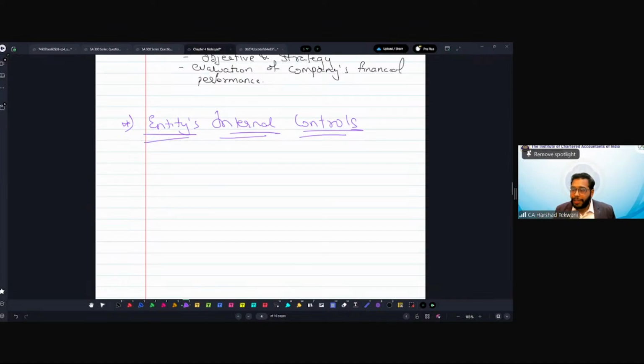When I talk about type of controls, there could be controls with respect to operation activity, controls with respect to reporting activity, controls with respect to compliance activity. So there can be controls targeting different kinds of activities. Or when I say type of control, a control can be preventive, a control can be detective.